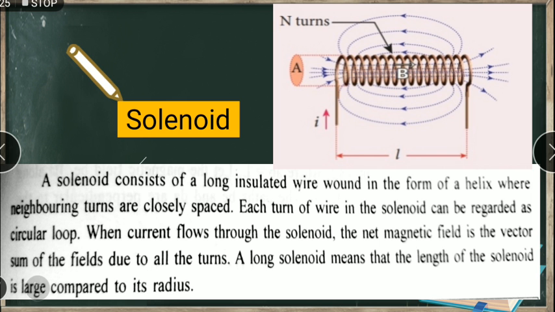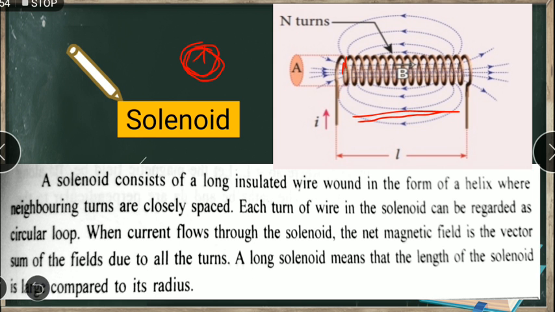A long solenoid means the length of the solenoid is large compared to its radius. You can see the radius value, measured from the center, is very small when compared to its length.